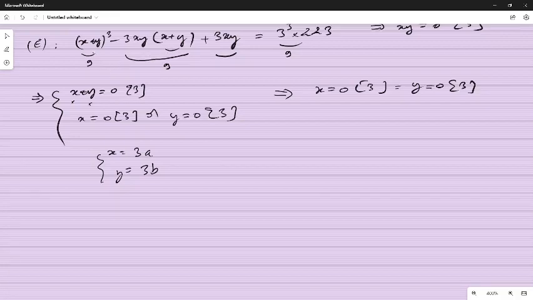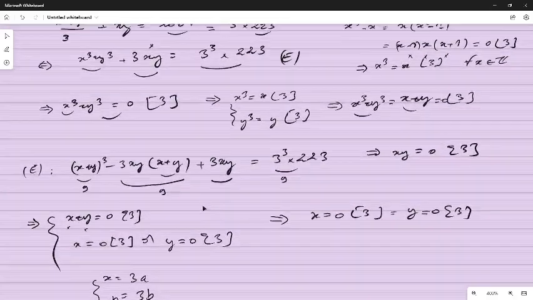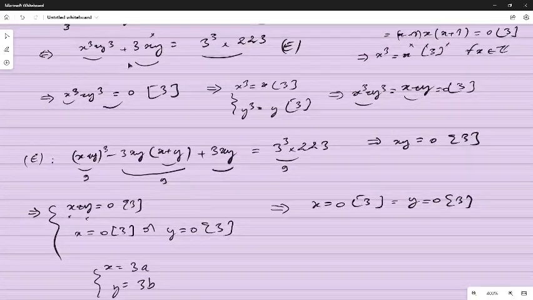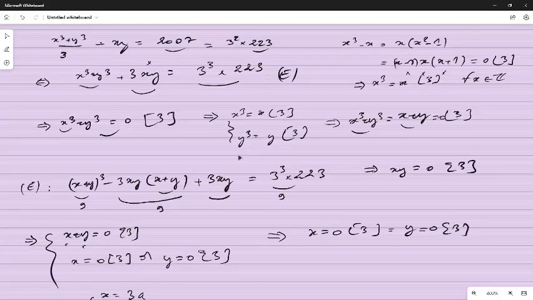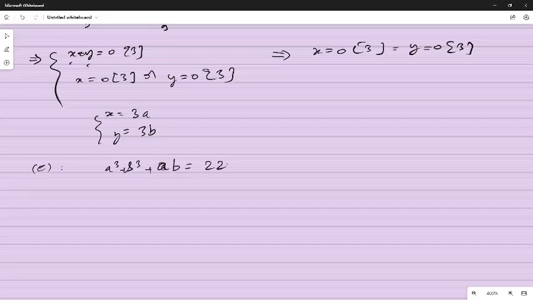And the original equation can be written like this. Then our equation can be written like this: a cubed plus b cubed plus ab equals 223. And here we have three cases.